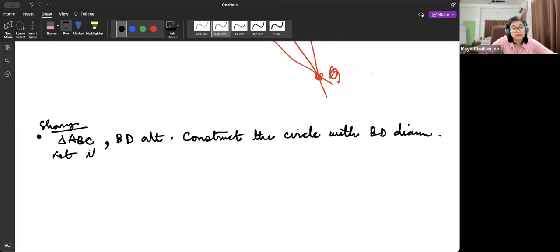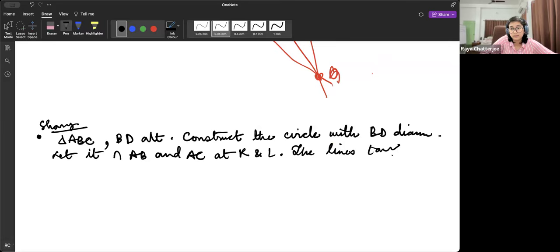Let it intersect AB and AC at K and L. The lines tangent to the circle at K and L intersect at M. Prove that.